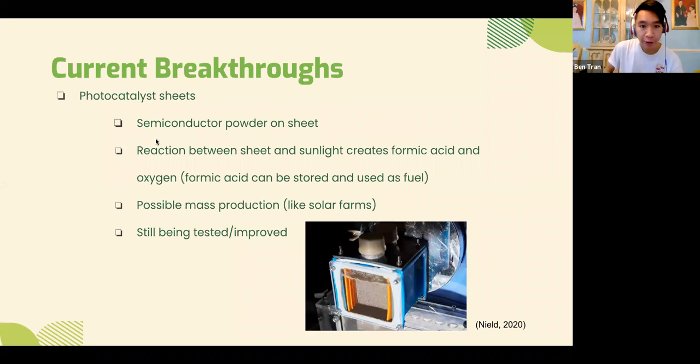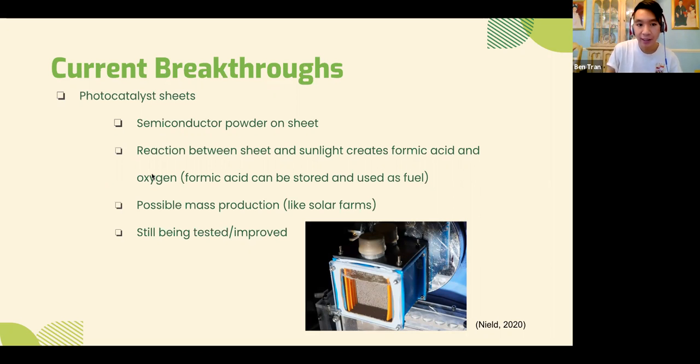In regards to current breakthroughs, one of the most prevalent innovations right now would be the photocatalyst sheets. And pretty much these are cobalt based sheets that have semiconductive powder on them. From there, cobalt acts as a catalyst for the photosynthesis reaction. And so this sheet will take in CO2, water, and sunlight, and then it'll produce oxygen and formic acid.